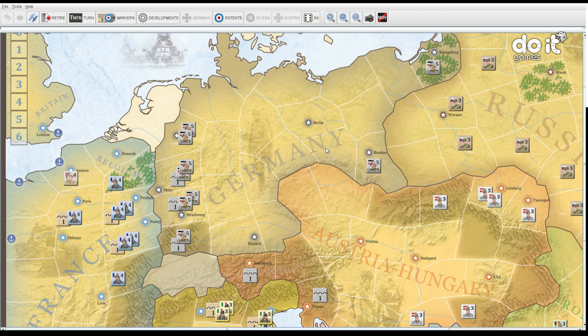Each power belongs to one coalition. For example, Germany and Austro-Hungary belong to the Central Powers coalition, and France and Russia belong to the other coalition, the Triple Entente. So France and Russia are friends and are against the other coalition, which is Germany and Austro-Hungary.